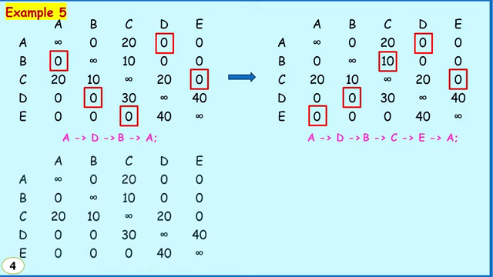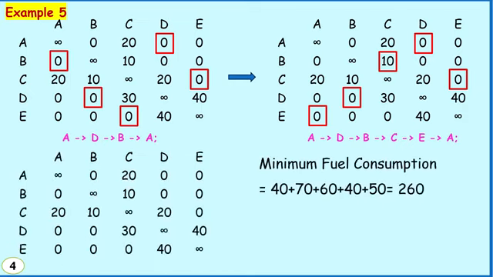Now if you see the fuel consumption of these allocations, they are 40, 70, 60, 40 and 50. If you total it, it will be around 260. Now you may have a doubt: you have assigned the BC element, so why can't you take CA or CB?